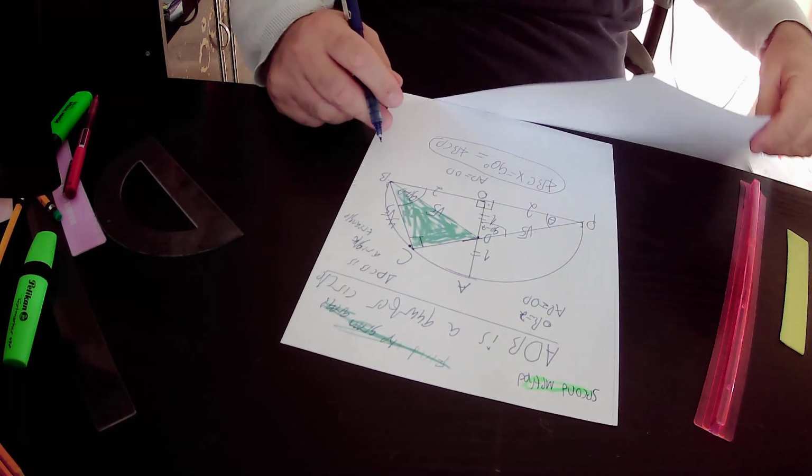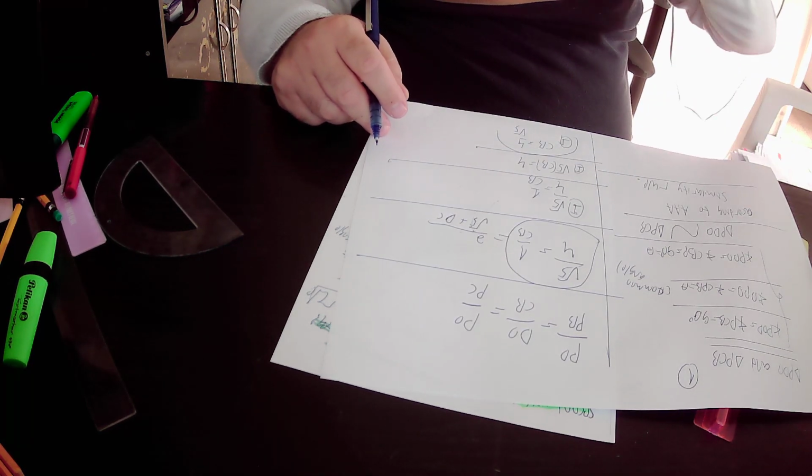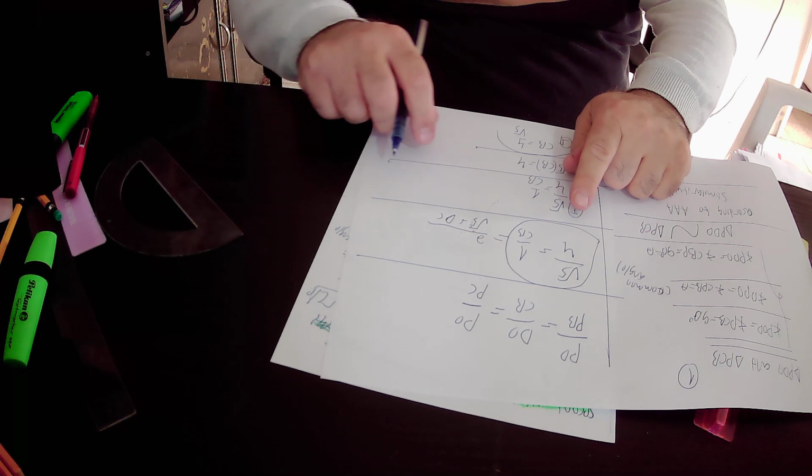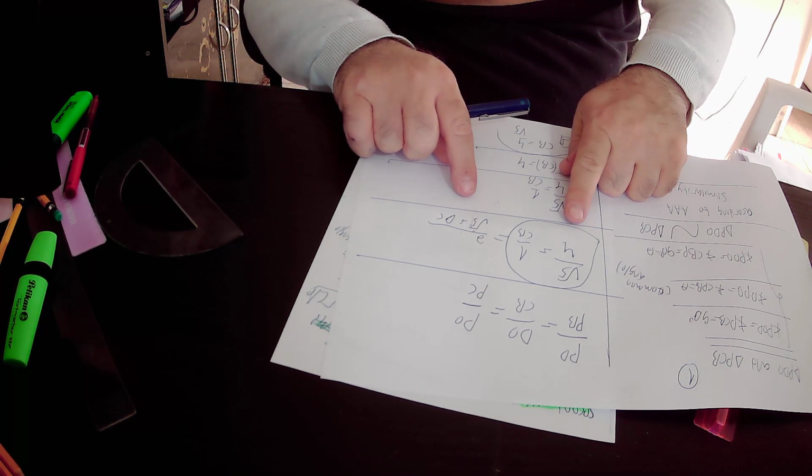In the next step, we'll create the second equation from the proportion here. Here, the first column is equal to the third column.